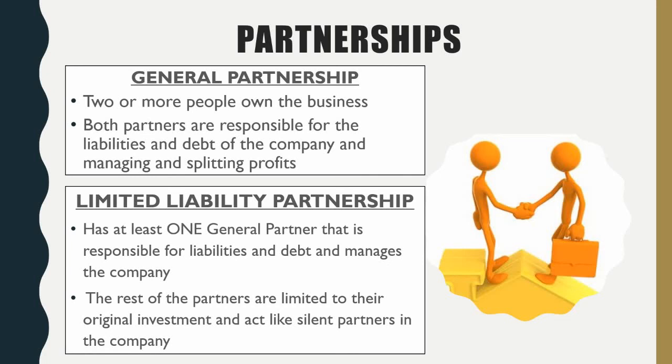It just depends on how much they invest into the company. All right. And so for those that are only investing into the company, they do have limited liability. So whoever is the general partner is going to be mostly liable for anything that happens to that company.